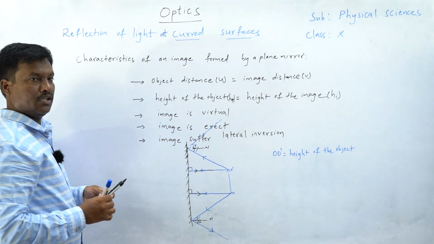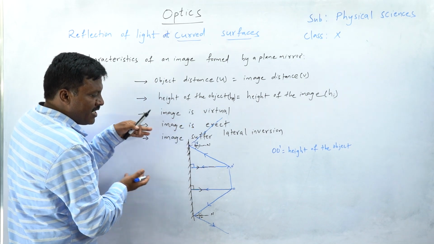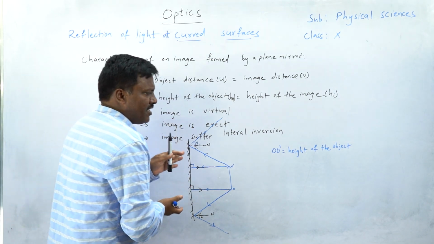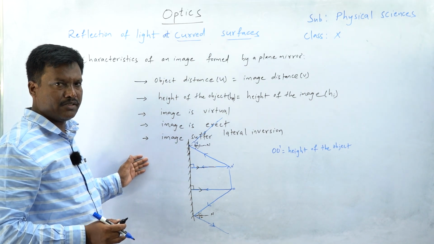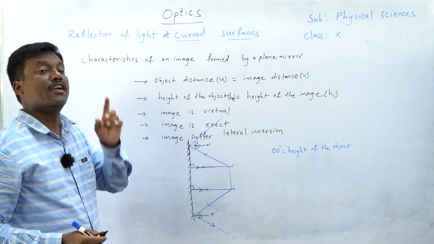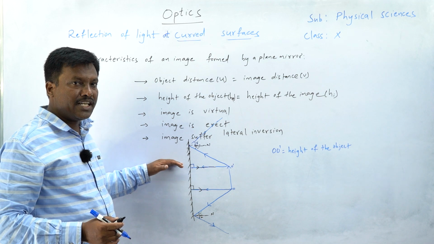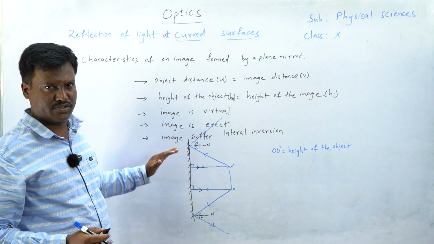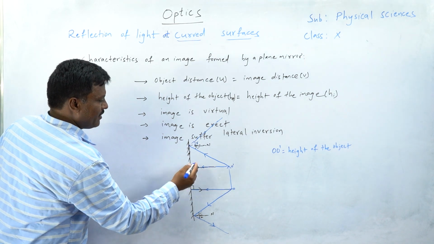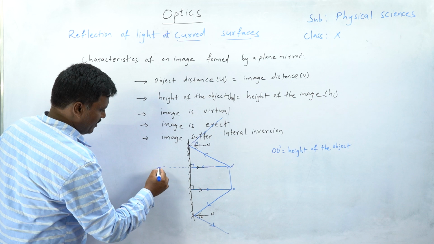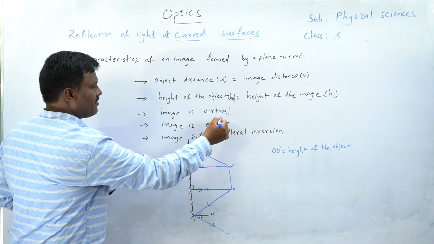Then what do we do? To understand the formation of image, we have to extend them backside. Actually, after reflection, light rays are going this way. In reality, light rays never come behind the mirror. It is not possible. For understanding the formation of image, we are just drawing imaginary extrapolated lines.